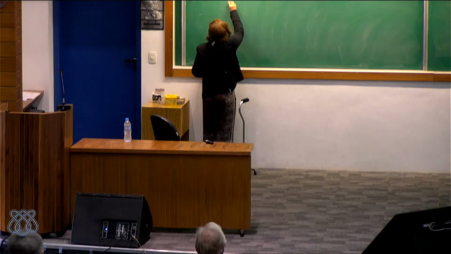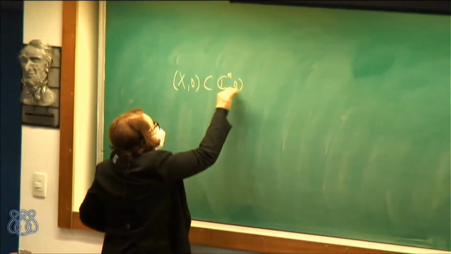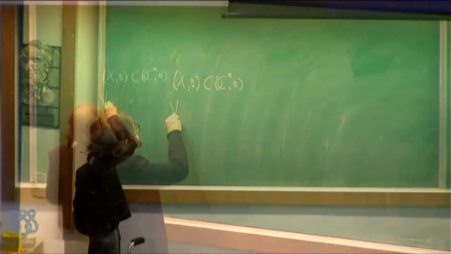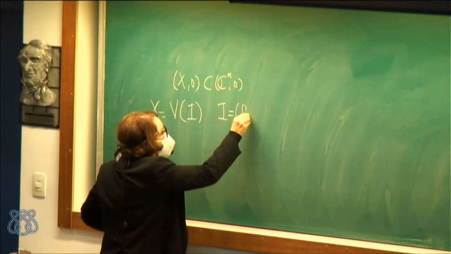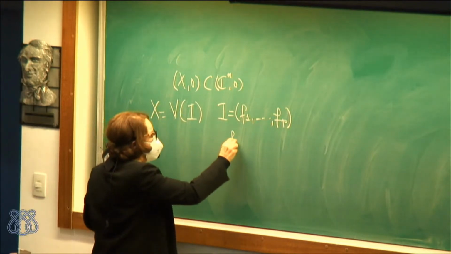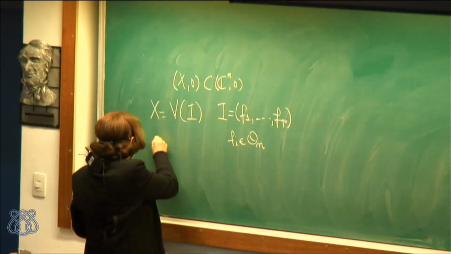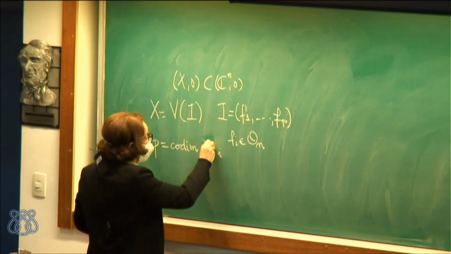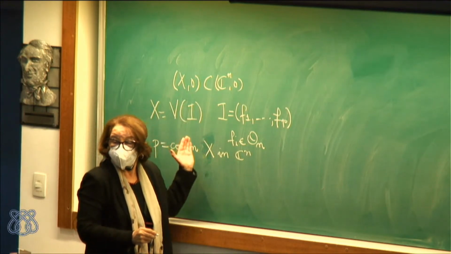If we have a complex algebraic set in C^n, in the neighborhood of the origin, and this set is defined by an ideal generated by f1, f2, ..., fp, where the fi are germs of holomorphic functions at the origin, and p is the codimension of X in C^n, then we can say that X is a complete intersection.